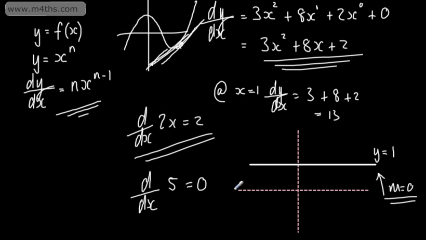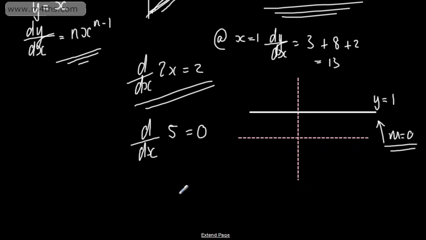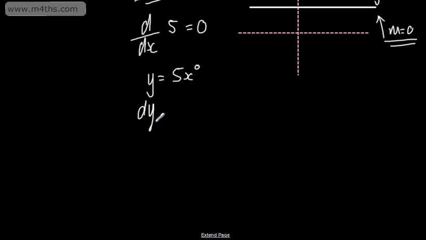If you wanted an alternative, more mechanical, less intuitive way of looking at that, if we've got y is equal to 5, we can write this as 5x to the 0. Remember, x to the 0 is 1. So dy by dx, if we multiply down by the power, 0 times 5 is going to be equal to 0.